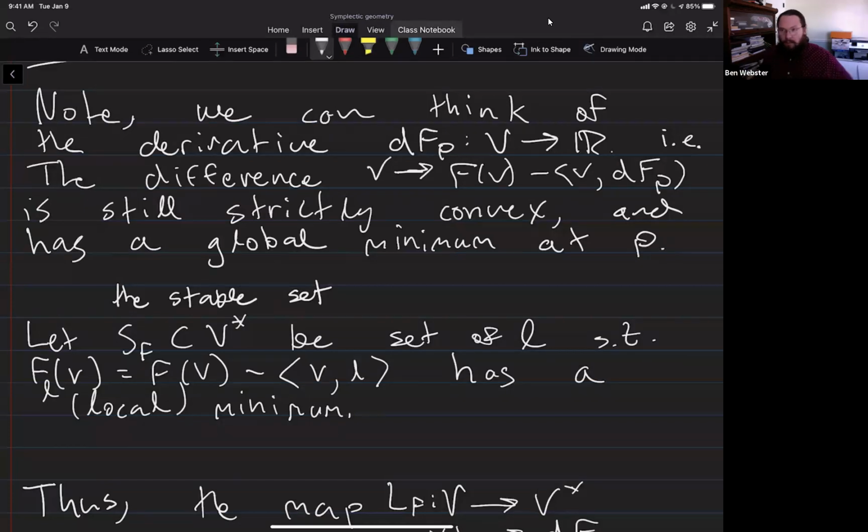So we can just say, look at all the elements of V dual such that when you subtract them off from f, you get a global minimum, or a local minimum, same thing.